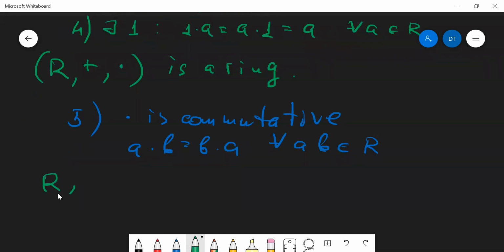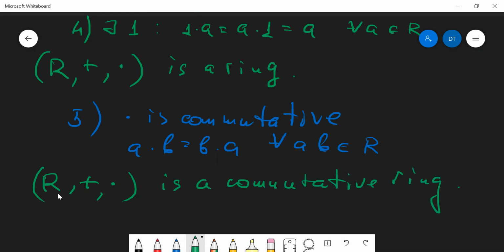So R with addition and multiplication is a commutative ring. Just remember, the addition is always good. R with addition is an abelian group, so the operation is best possible. The multiplication need not be very good. If we pose some additional property for multiplication, this property appears near the name of the ring. So if multiplication is commutative, then the ring is commutative.